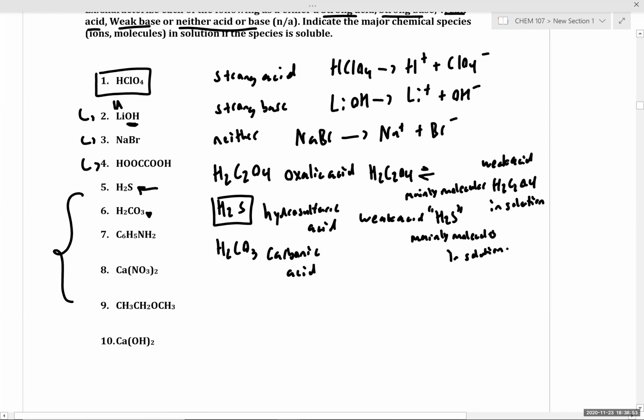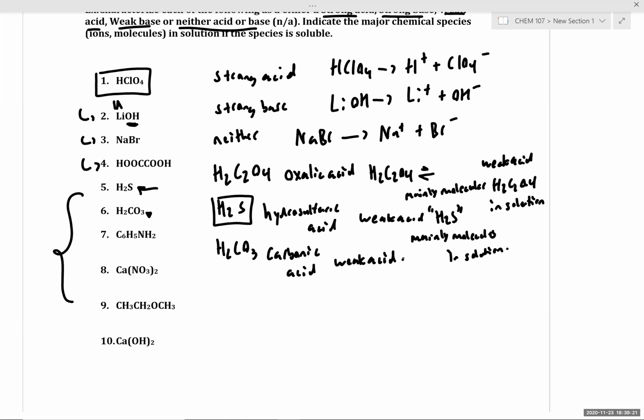So don't be shy to use what we've learned in the chapter on nomenclature to help you with your classifications. Carbonic acid is also a weak acid. It's a pretty interesting weak acid because it's unstable. And as we'll see later on, it's often responsible for the evolution of bubbles or gas seen in some acid-base reactions.